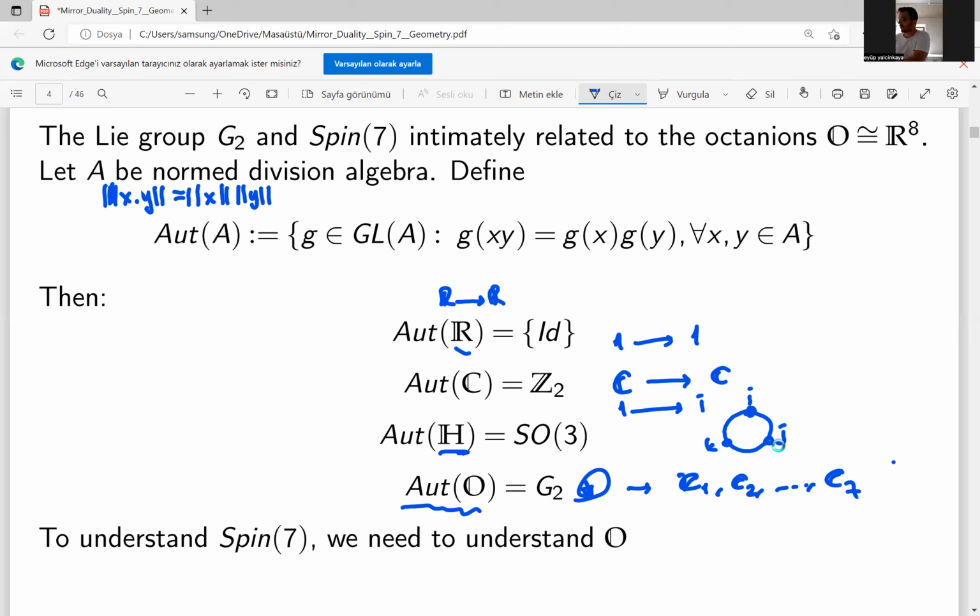The cross product, a new type of cross product, is available on the octonions. This cross product gives us a rich structure and rich geometry, and induced from here, the automorphism group of the octonions gives us the G2 group.